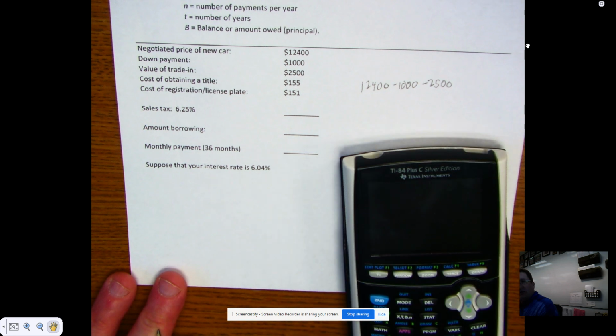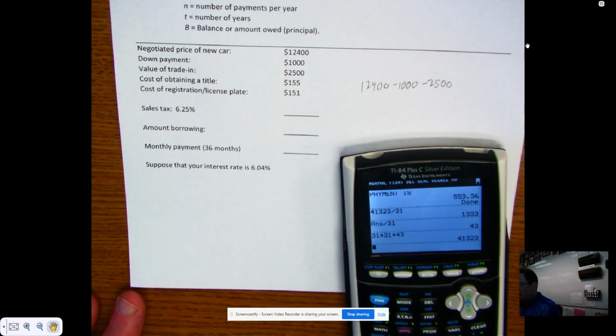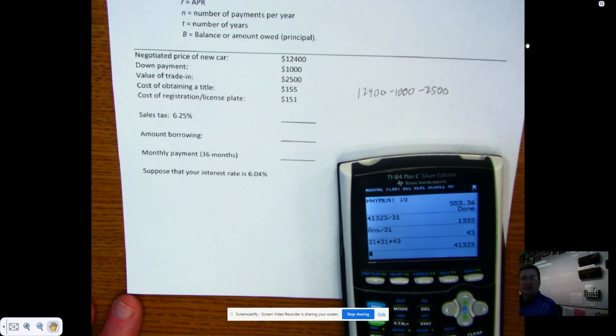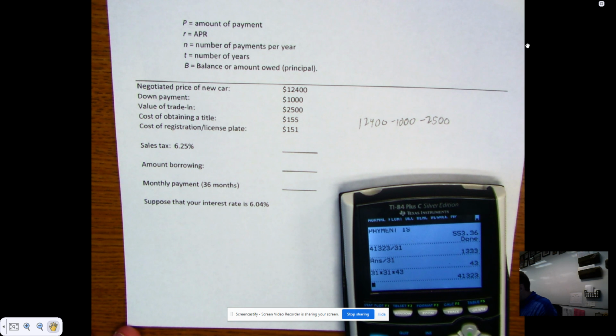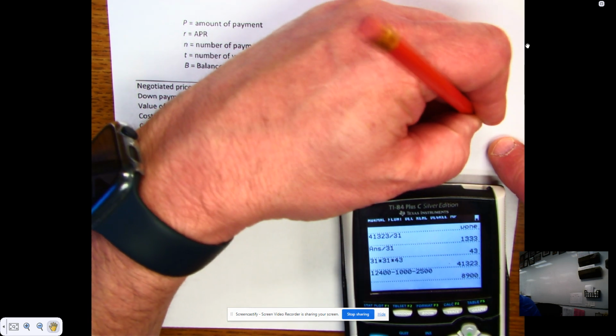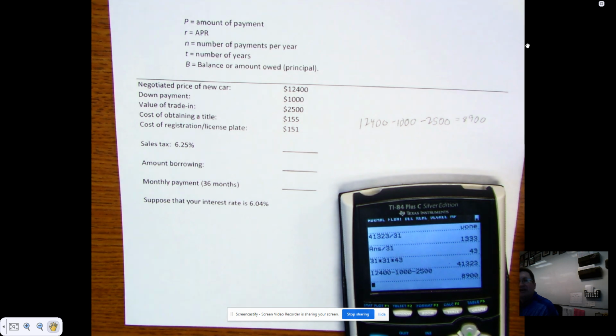Hopefully the screen on the calculator will show up where you can see it. I wonder if it's better with the light on or off. About the same, really. So anyway, 12,400 minus 1,000 minus 2,500 means that there's $8,900 here that we still have to pay.